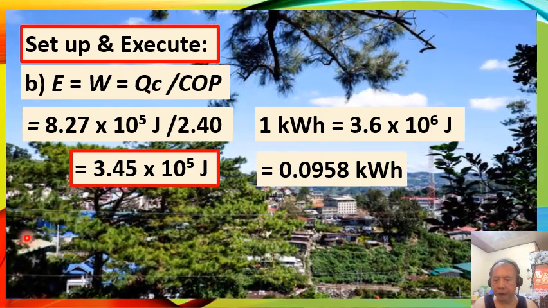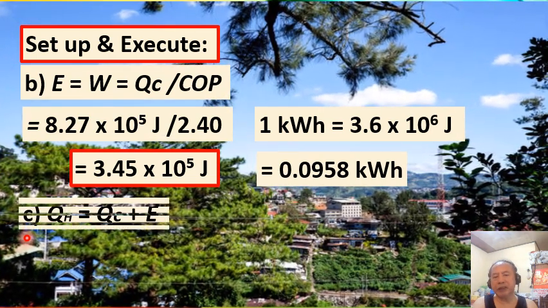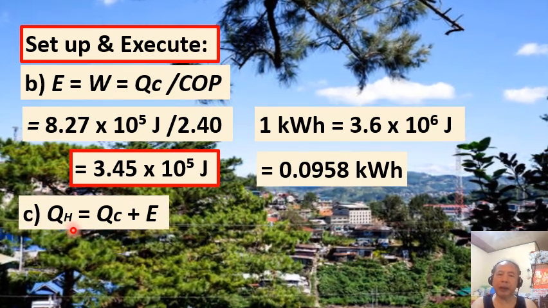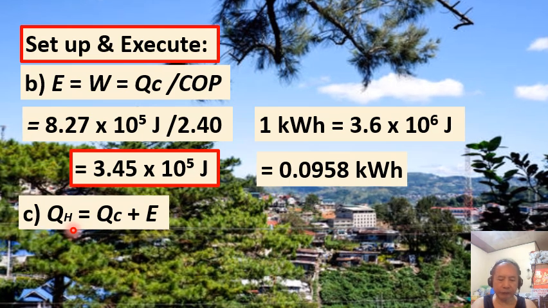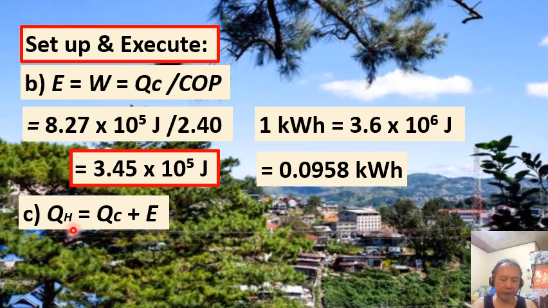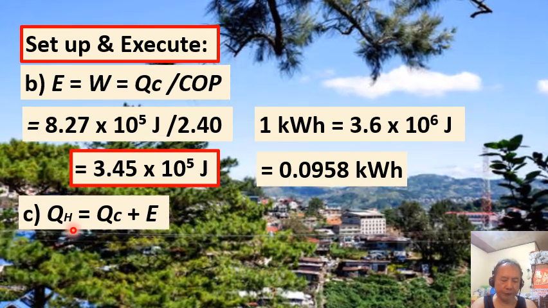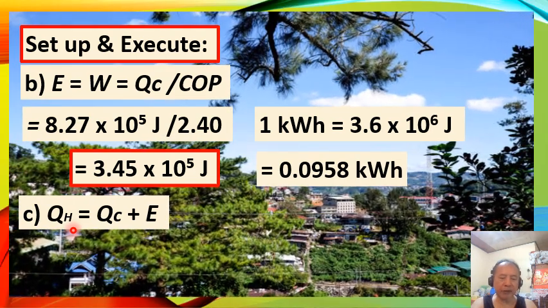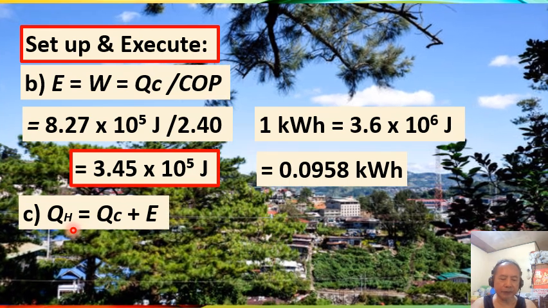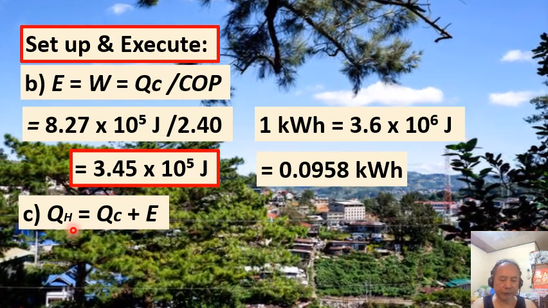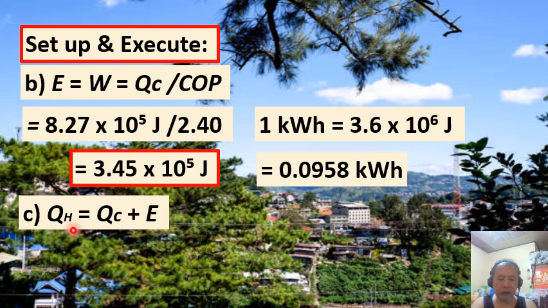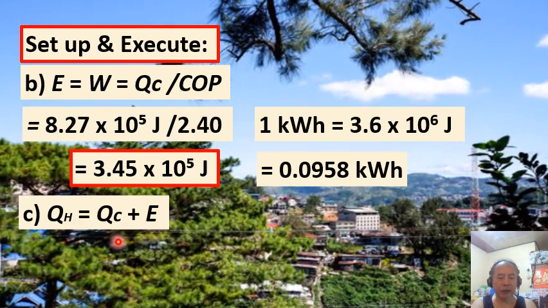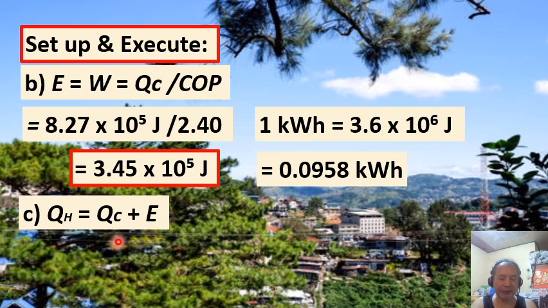And finally, moving on to part C, that is determining the amount of heat that is expelled into the surrounding. We also say that this is the amount of heat that is transferred, or expelled, to the surrounding in which the freezer sits.